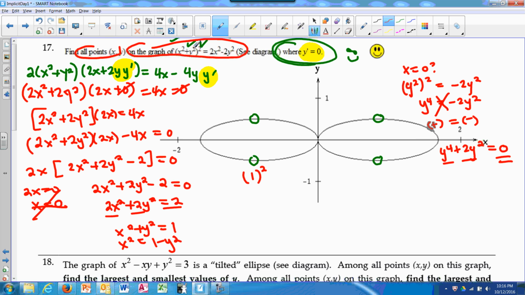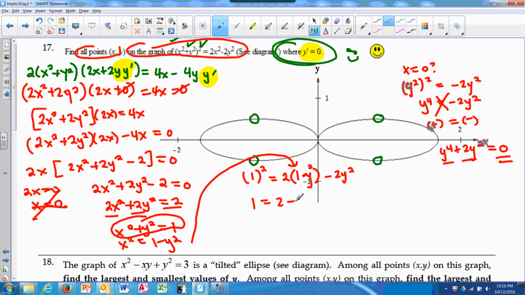So we have the left-hand side was just x squared plus y squared equals 1. The right-hand side is 2x squared, which we're going to replace with 1 minus y squared from here, minus 2y squared. So 1 equals 2 minus 2y squared minus another 2y squared.